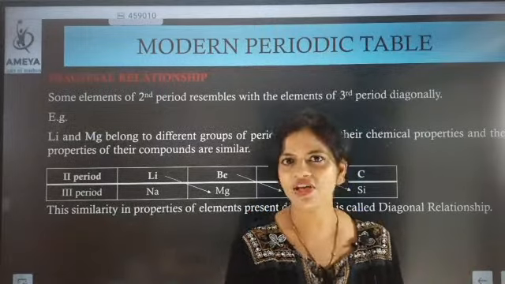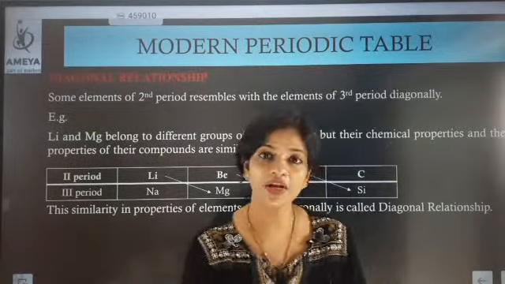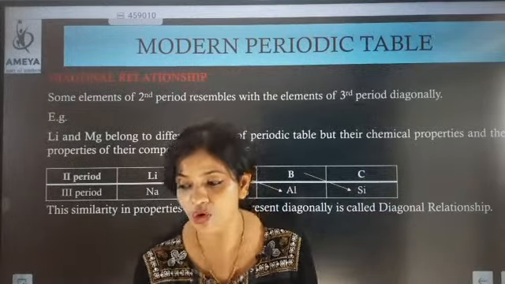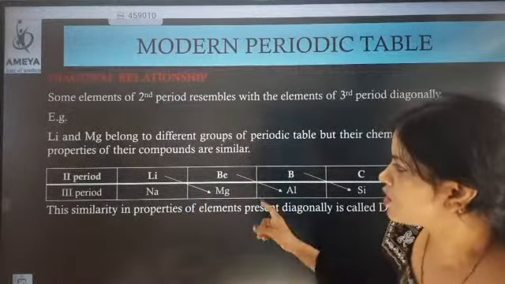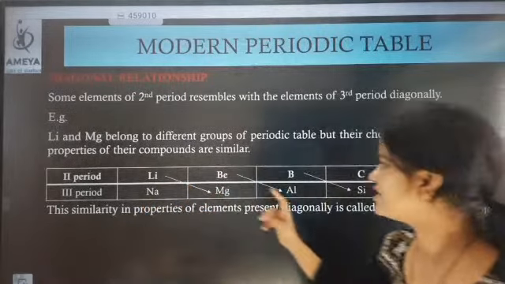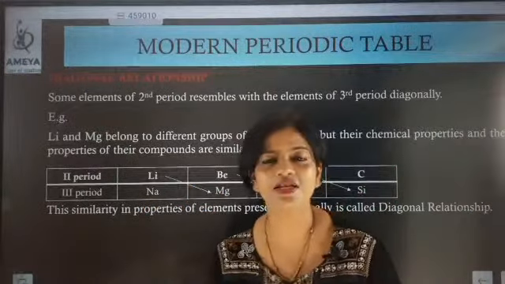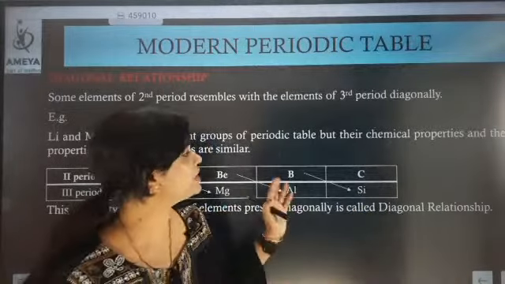They both have electron affinity, but chlorine has more. Understood? So lithium resembles magnesium, beryllium resembles aluminium, boron resembles silicon, and this resemblance is called the diagonal relationship.